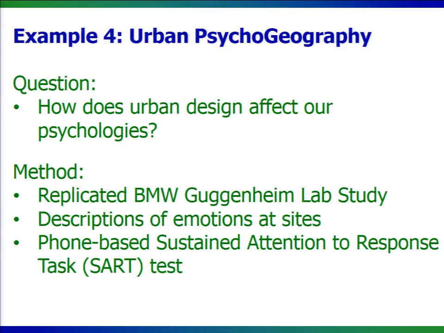Found this study. BMW has helped fund this Guggenheim lab, and they did this study in several cities, New York City, I think it was Mumbai, and a couple of other cities around the world. And what we did was we went to specific locations, tracked where those locations were, recorded sort of our mood and stress levels, and then took a psychological test called a sustained attention to response test, where it flashes through a whole bunch of numbers quickly for like 2 minutes, and then you have to click on all of them except for a random number like 7.